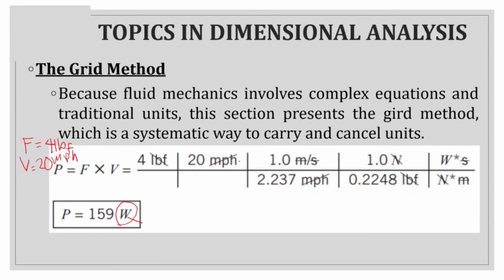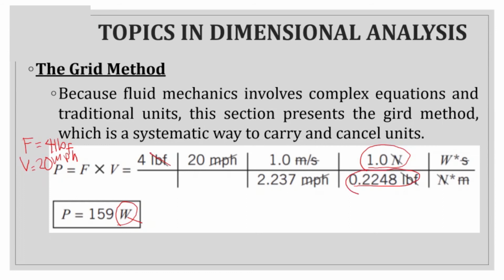In order to convert that, we'll be using the basic conversions such as this. We are tasked to cancel out, say, pound force. So 1 newton is equal to 0.2248 pound force in USCS.